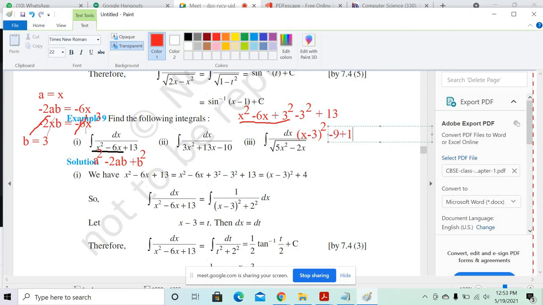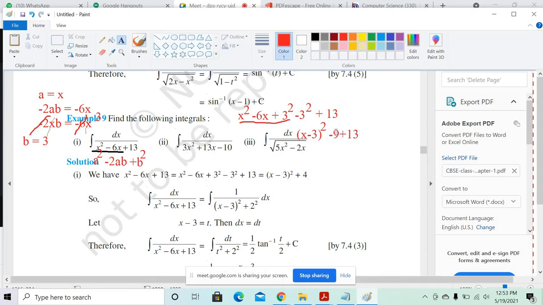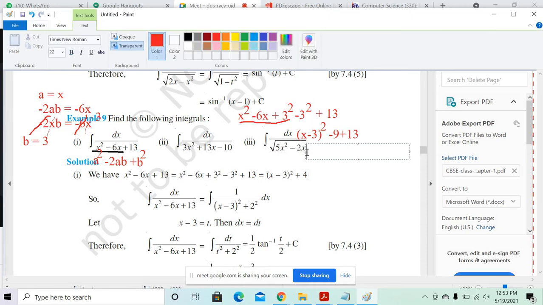Minus 9 plus 13. So what is minus 9 plus 13? Plus 4. x minus 3 whole square plus 4, isn't it? Yeah.